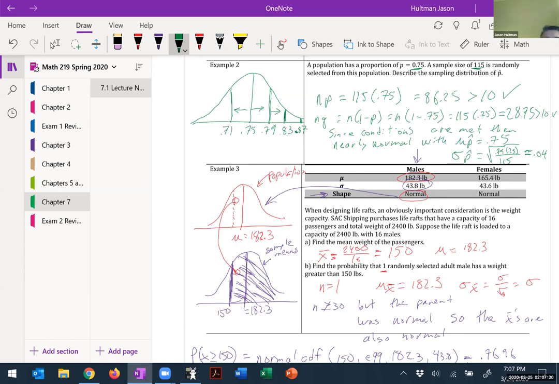Down again, that's 0.67, and then 0.63. So this is minus 1 plus 1 standard deviation, this is minus 2 plus 2, and this is minus 3 plus 3.